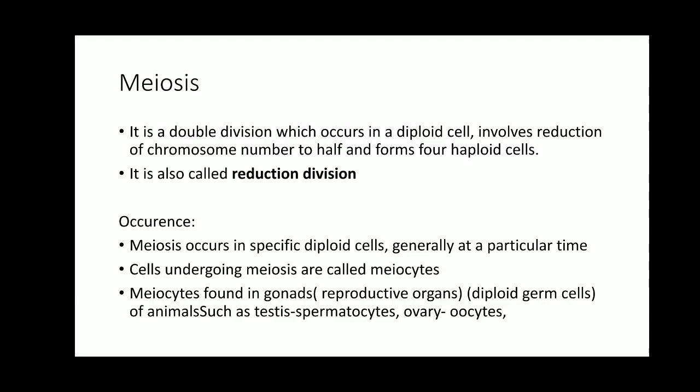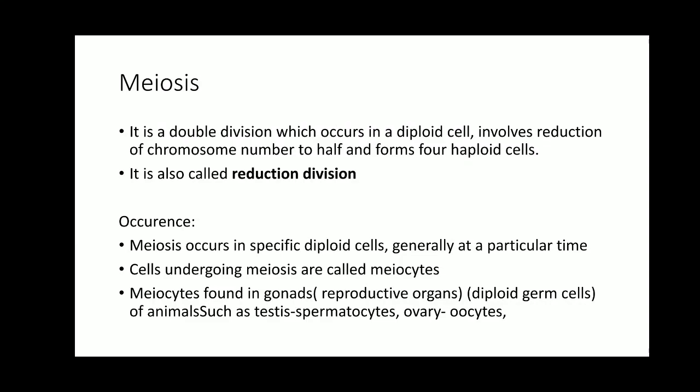Now let us see another type of cell division, that is meiosis. Meiosis is known as double division which occurs in a diploid cell. Yes, because it undergoes two types of division, therefore meiosis is known as double division.